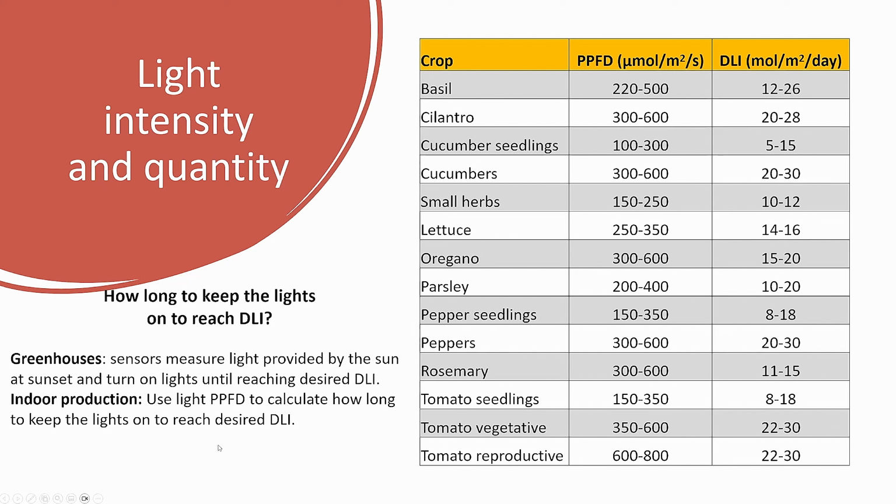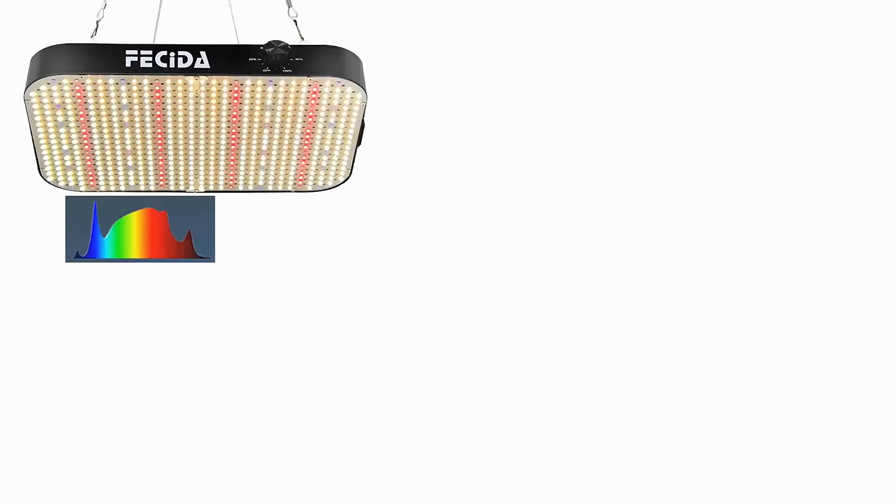Now, in indoor production, it's a little bit different because you do not have the external input from the sunlight. So you have to provide the whole amount of light. And that's what we're going to talk about next. Let's say you're going to purchase this light that you saw online or in a shop.